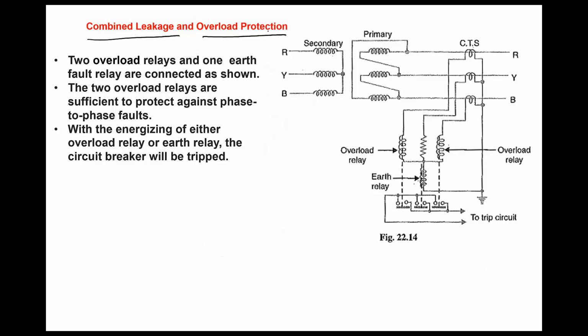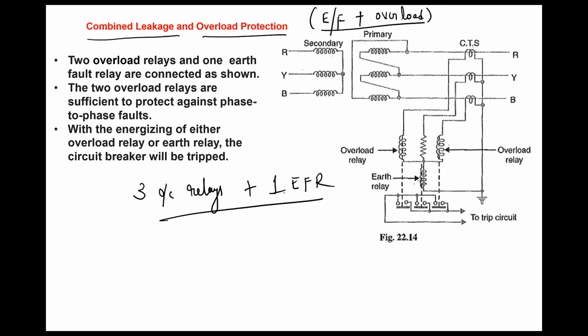The second point, we already discussed yesterday. If you want combined earth fault plus overload protection in a transformer, yesterday we saw a scheme where 3 overcurrent relays and 1 earth fault relay are used. Here is the same structure, but what is the difference?